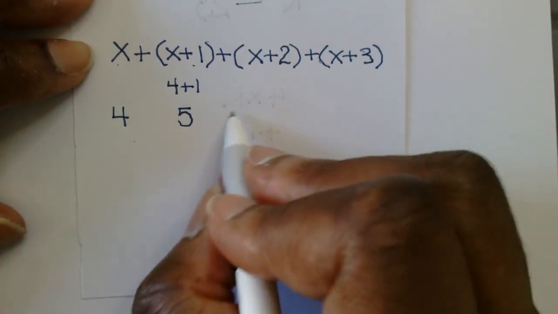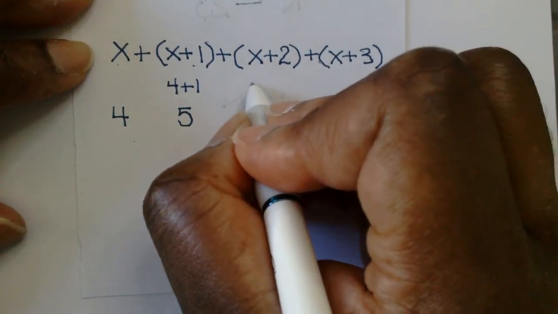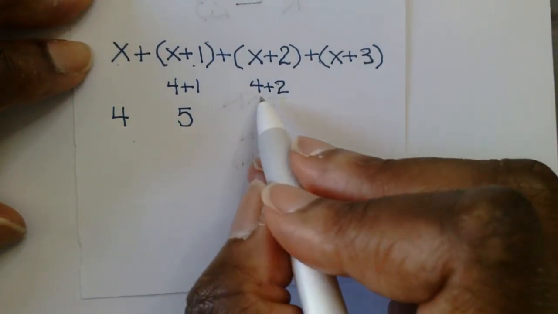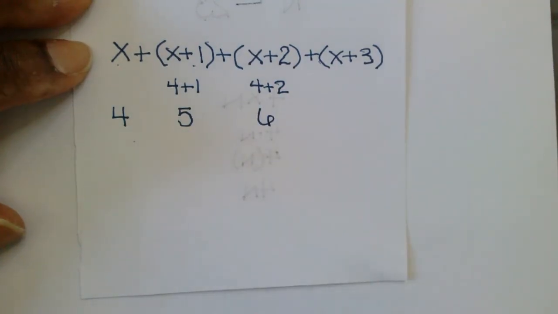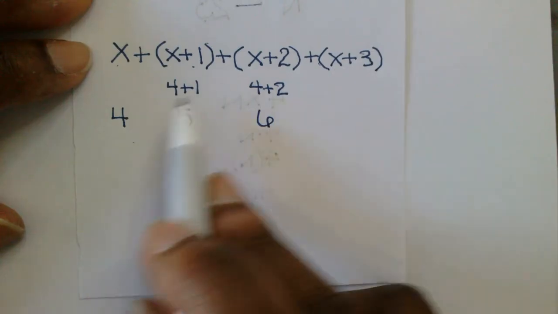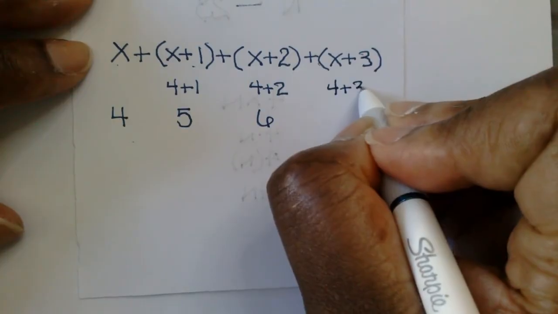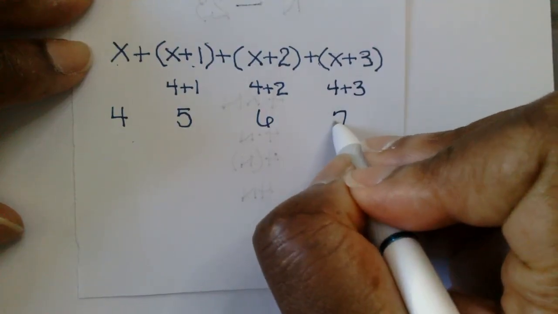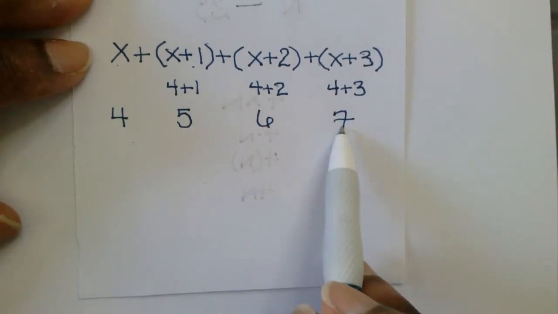For the next number in my term, I start with my first number, 4, and I add 2. 4 plus 2 gives me 6. For this next term, I take my first number, 4, and I add 3. 4 plus 3 is 7. So 4, 5, 6, 7.